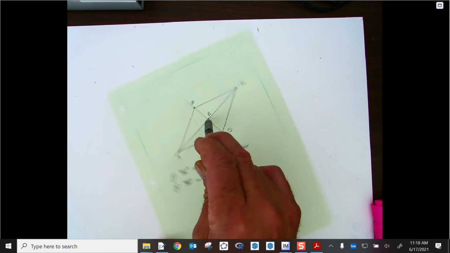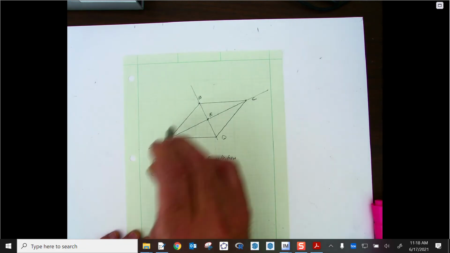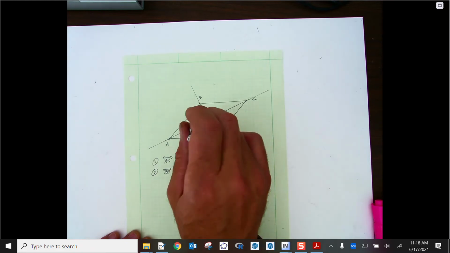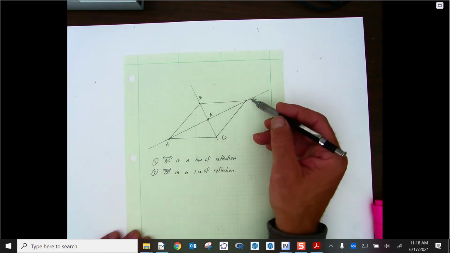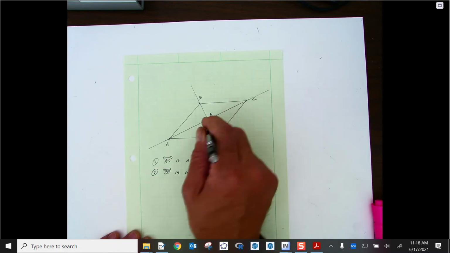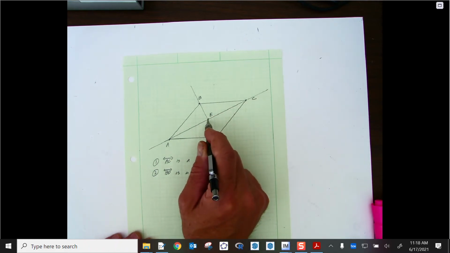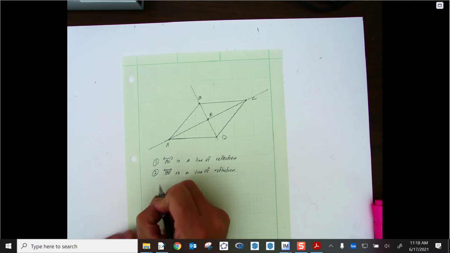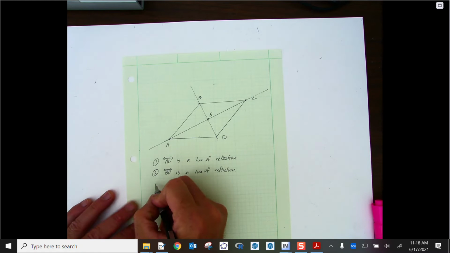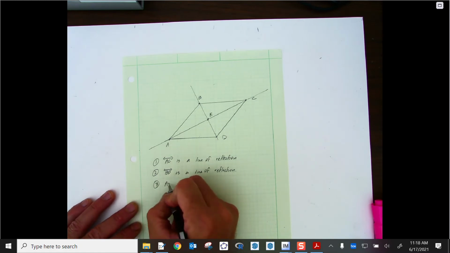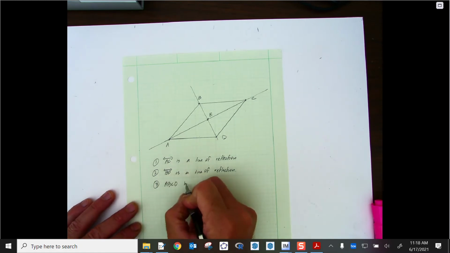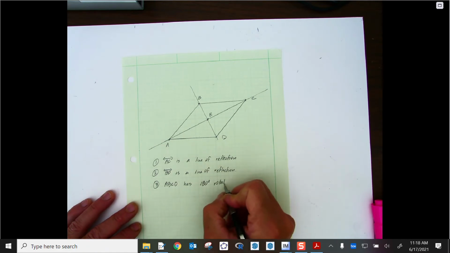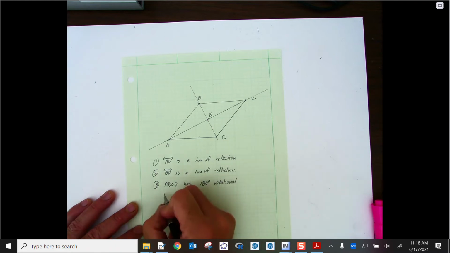The question is, what is that rotation that takes C to A and A to C and D to B and B to D? Since these all occur along lines, that rotation is 180 degrees. So number 3, ABCD has 180 degree rotational symmetry.